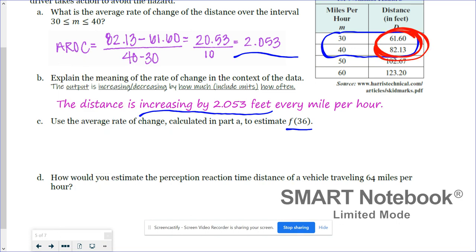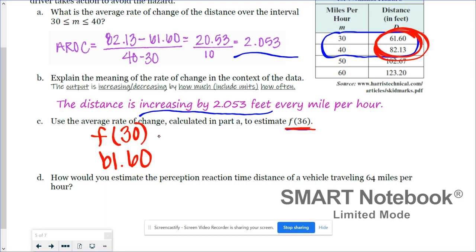So what I can do is take something that I know, for instance, the function at 30 miles per hour. I know that at 30 miles per hour, the distance is 61.6. But I don't want 30 miles per hour, I want 36 miles per hour.